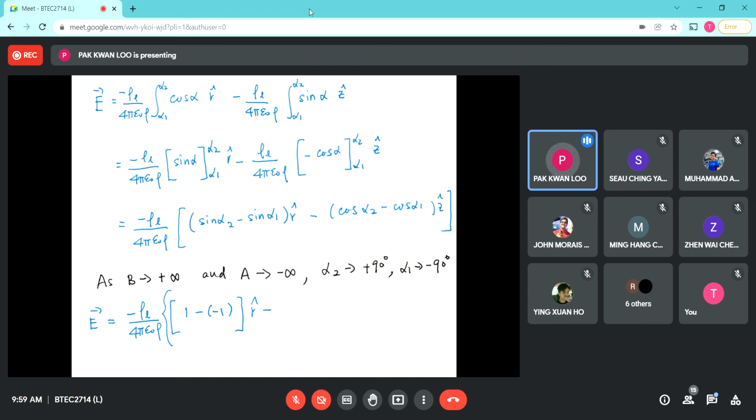And cos alpha 1 minus cos alpha 2: cos 90 degrees is 0, and cos negative 90 degrees is also 0. So there is no z component, there is only the r component.